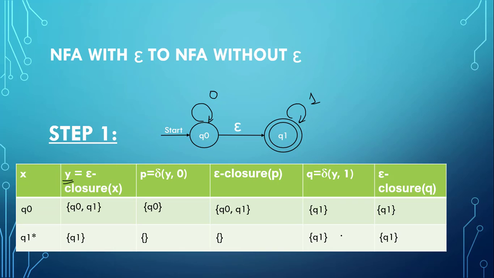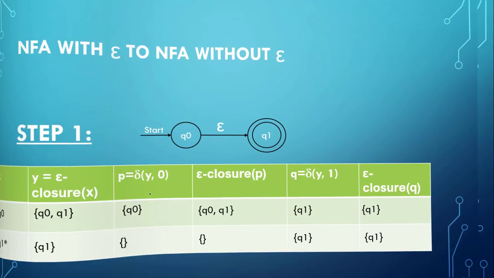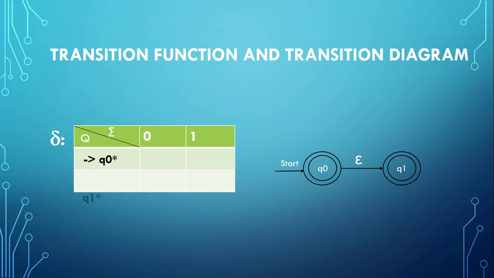Now when we have to convert our NFA with epsilon to NFA without epsilon, we will take the values of epsilon closures of P and Q respectively. We will not consider the transitions P and Q, that is transitions over 0 and 1. Okay, so our transition table for NFA without epsilon will be as follows, that is Q0 Q1, the epsilon closure of P from Q0, and epsilon closure of Q1, that is epsilon closure of Q was Q1.